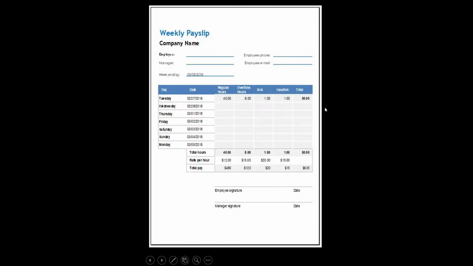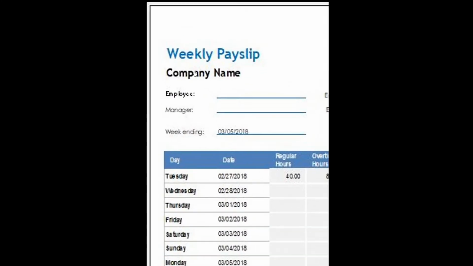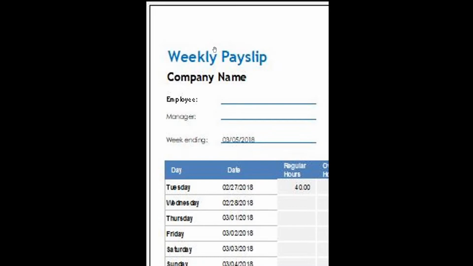All right, so let's look at a weekly payslip. You can see this is the basic layout. Again, this is just a sample so you can understand the difference. Let's look in detail over here. With our weekly payslip, we would have the company name, the name of the employee, the name of the employer as well, and the week ending.